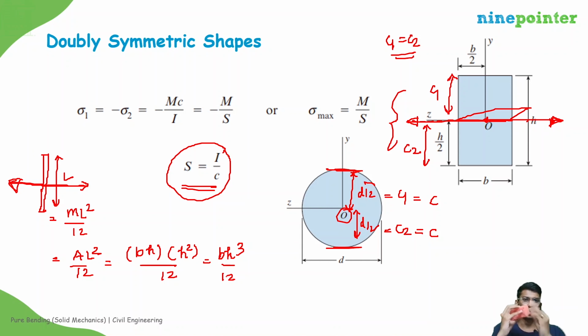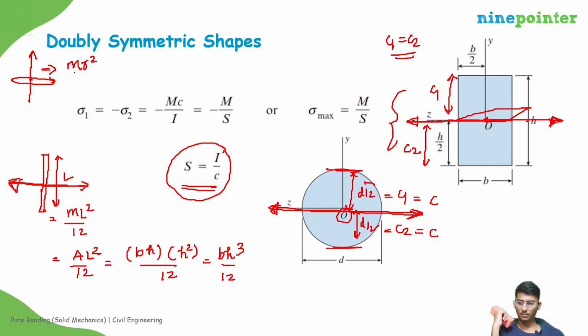Similarly, if this is a circular cross section and you are applying load like this, then this will be the axis for calculation of I, right? For a disc, with the axis perpendicular to the plane, the mass moment of inertia is given by mr square by 2, right? And for this axis, the mass moment of inertia is given by mr square by 4.